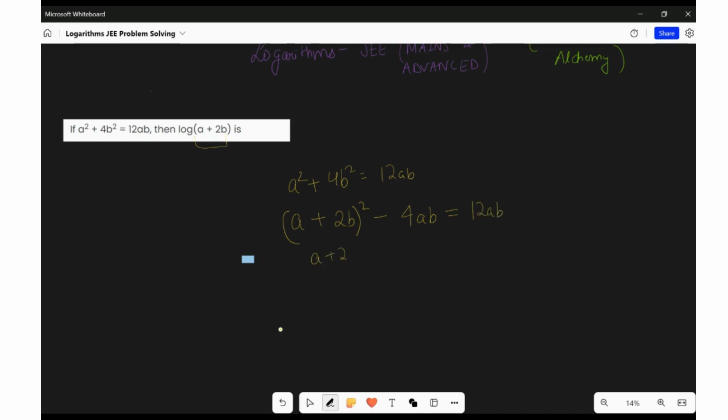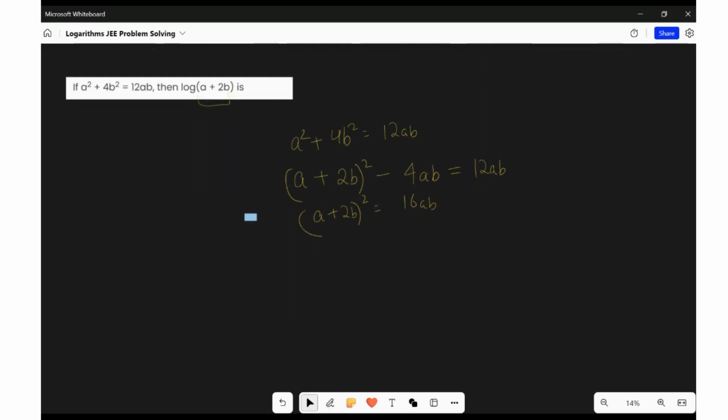So a plus 2b whole square is 16ab, which becomes a plus 2b is root 16ab, which is 4 root ab.